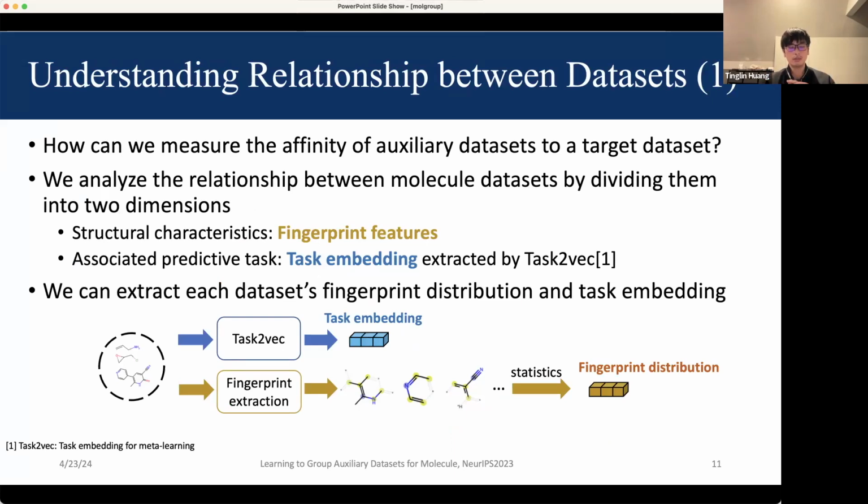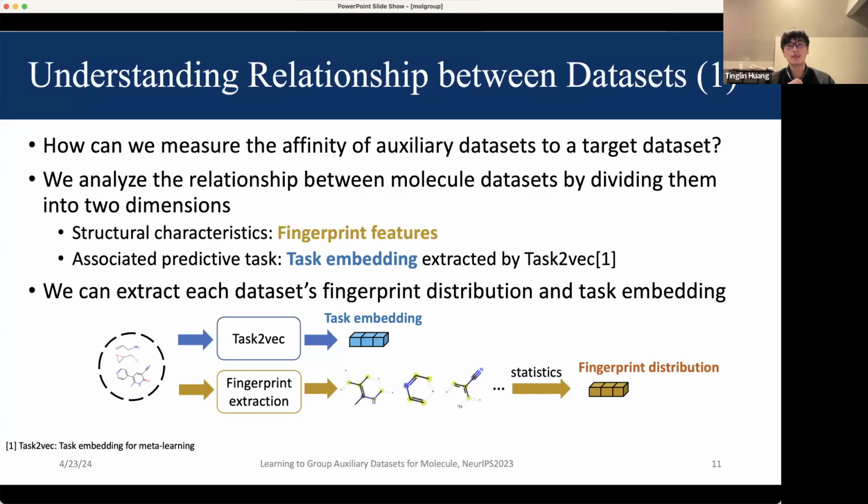And here we investigate the relationship between different data sets in two dimensions, which are the structural characteristic and the task information. Given one data set, we will use Task2Vec to extract the task embedding to represent its task information.